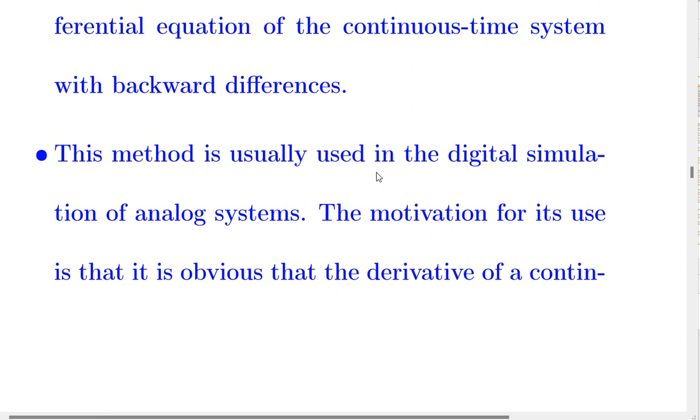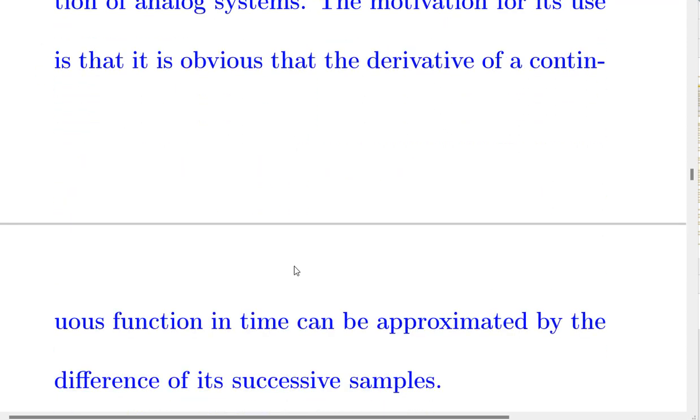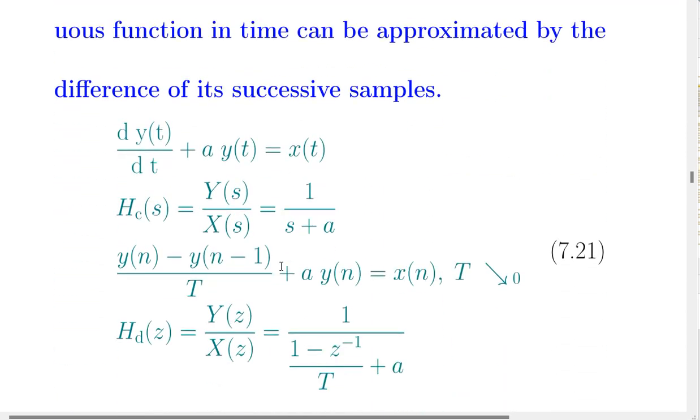This method is usually used in the digital simulation of analog systems. The motivation for its use is that it is obvious that the derivative of a continuous function in time can be approximated by the difference of its successive samples. Okay, in mathematics, the idea is very simple.